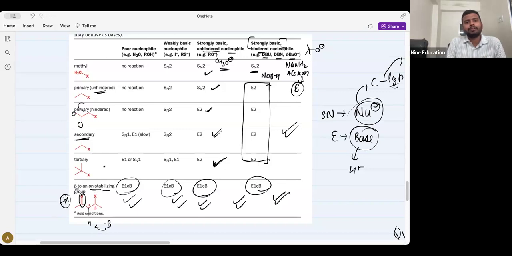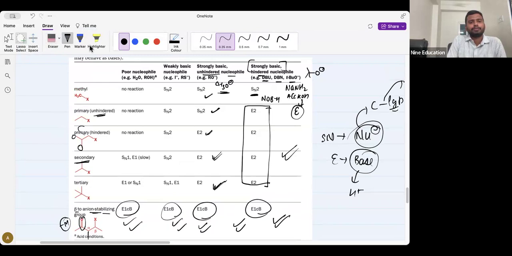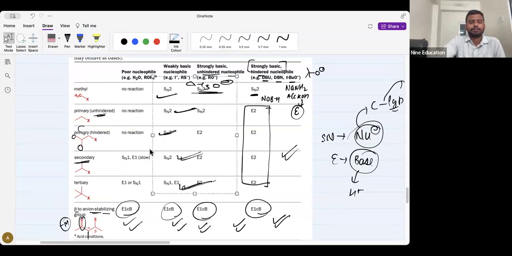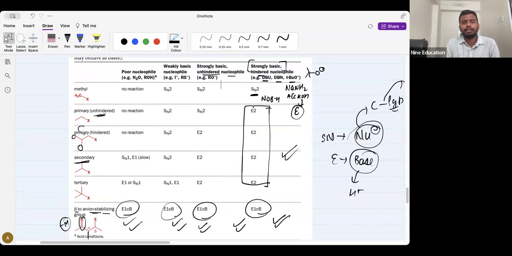Then for these cases, you have to check now. In these cases, you have to check if you have CH3O minus, or if you have weak nucleophile like I minus, RSH, and poor nucleophiles are solvents.